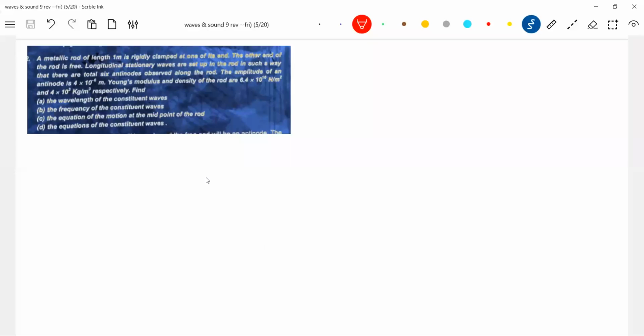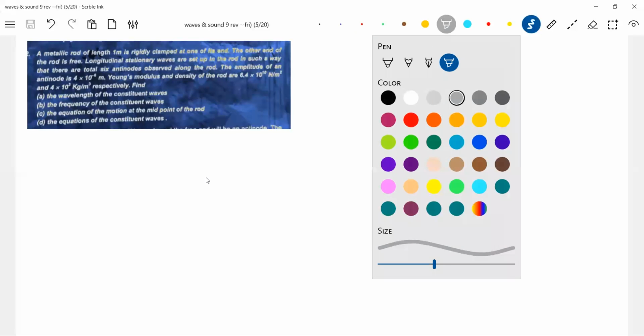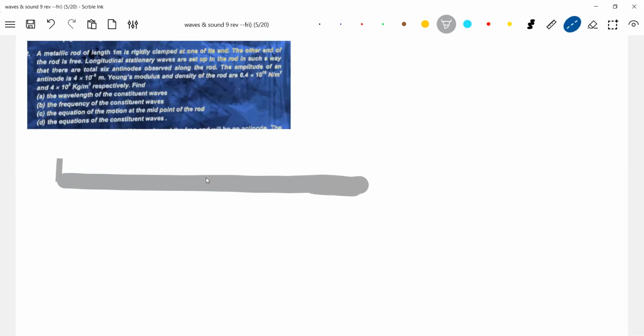Okay, read the question. A metallic rod is rigidly clamped at one of its ends.